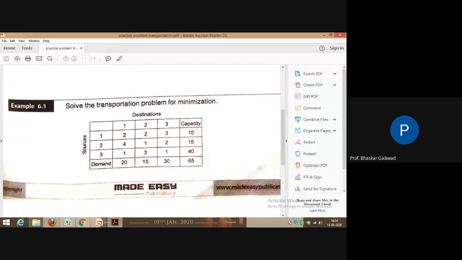After this, you go to the next rows and columns, and find out the row difference and column difference. In that, whichever is the maximum in the same column or row, you have to find the minimum element, then demand or supply, whichever is the minimum, you have to write there. And if it is 0, you can cross either that column or demand. So like this, you have to proceed. And tell me the last answer.